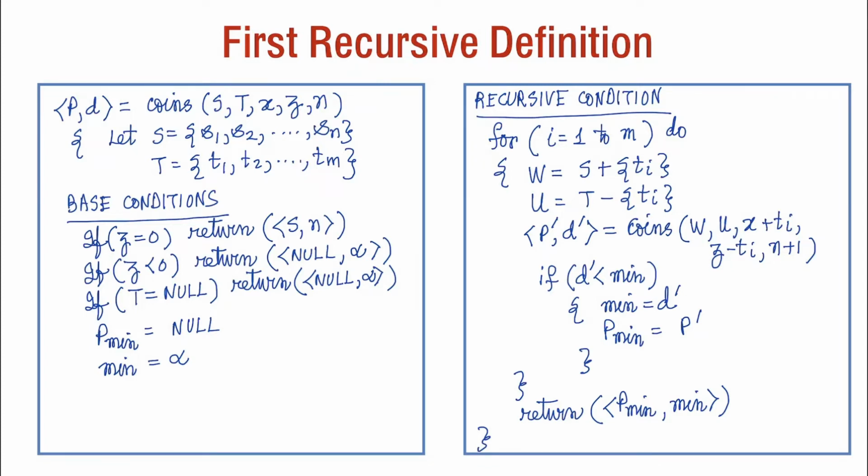Just to repeat, what we are doing is, for every element in T, we are creating a set W by adding Ti to S. We are creating a set U by removing Ti from T, and we are recursively calling it on this new set. Whatever we get, we are now seeing whatever is the value returned.